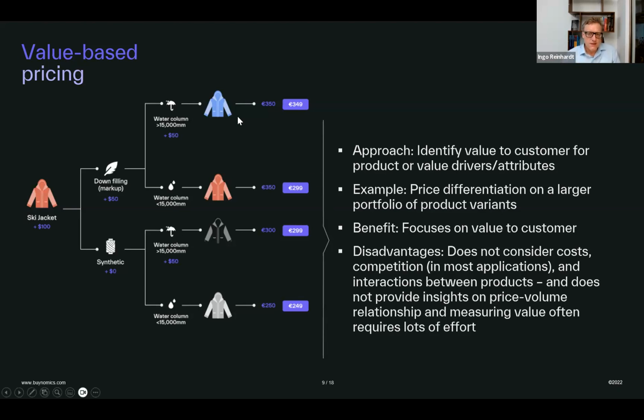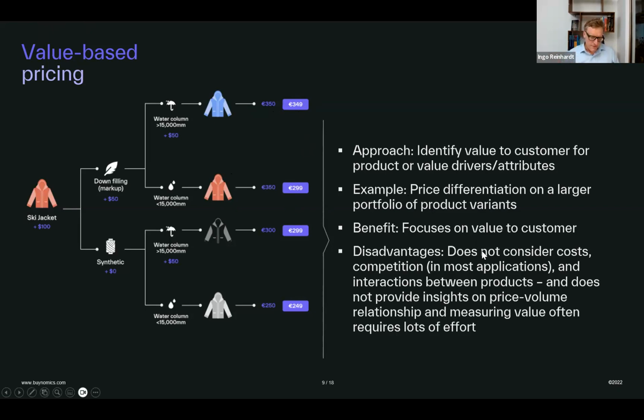So it doesn't consider how it might be worth to the average customer or a certain customer segment. The difference might be these 50 euros here, but it doesn't consider how people actually choose between the different products, if the difference is 50 euros or more than 50 euros.